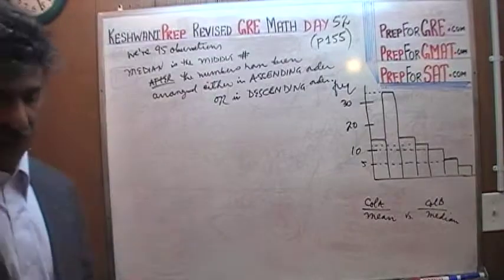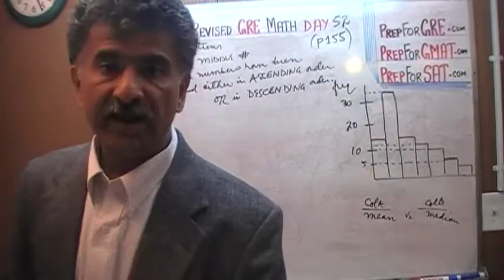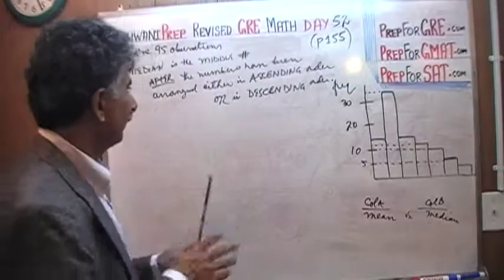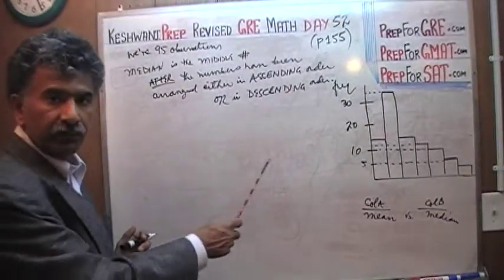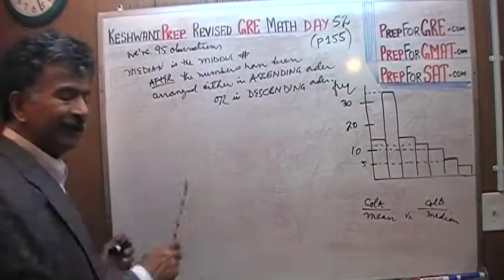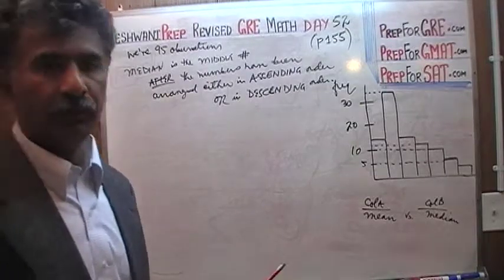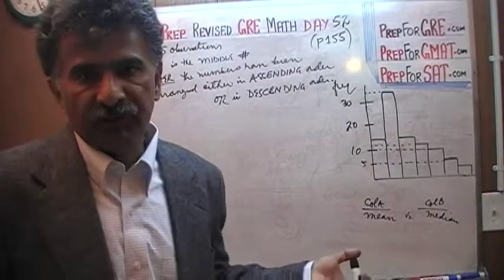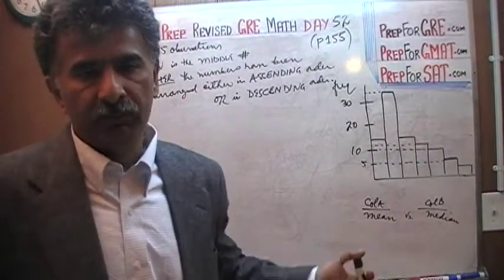That is the proper definition of median. The numbers have to be arranged either in increasing order, 2, 3, 4, 5, 6 and so forth, or in descending order. You can go 10, 9, 8, 7, 4, 3, 2, 1 and just ask yourself which one is the one that falls in the middle.